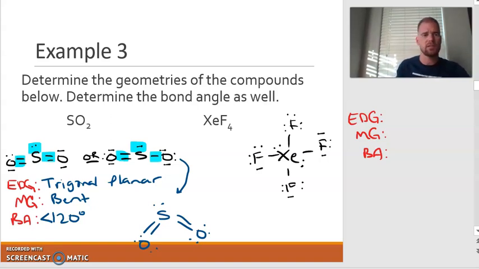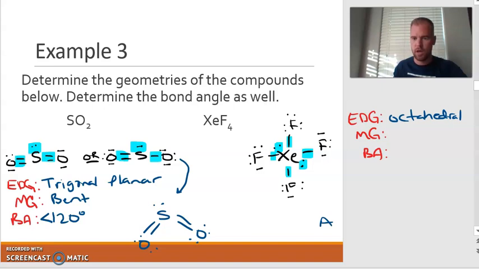Over here with xenon tetrafluoride, how many electron domains do we have? We have the 4 bonds to fluorine, and we have the 2 lone pairs. So we have 6 electron domains, which means our electron domain geometry is octahedral. Now of those 6, 4 of them are bonds, 2 of them are lone pairs. Okay, so if we think about our general structure here, let me draw it real quick.